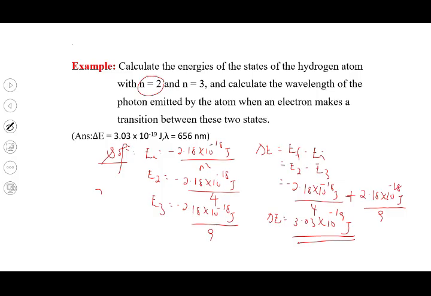Now, the change in energy, delta E, equals h times frequency, which is speed of light divided by wavelength.